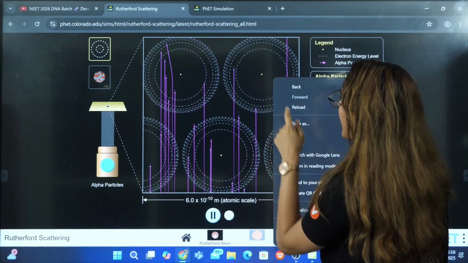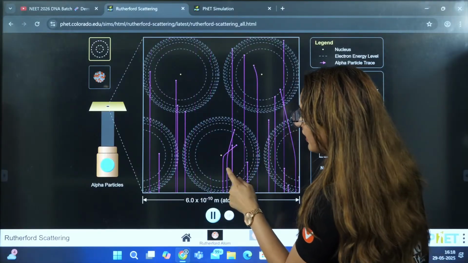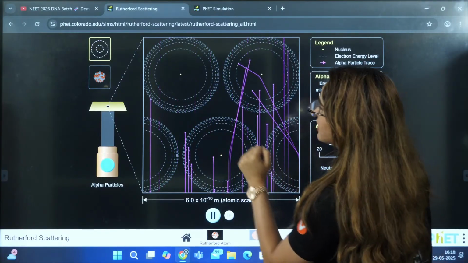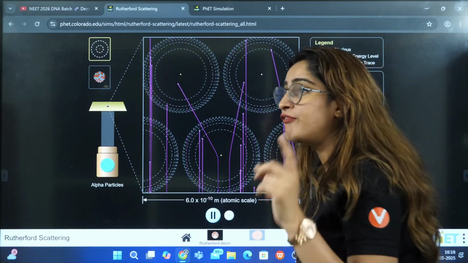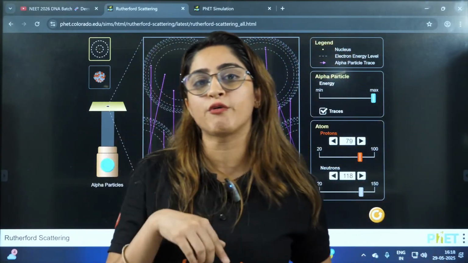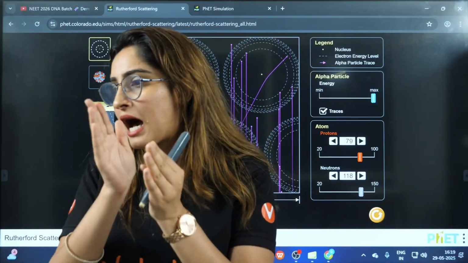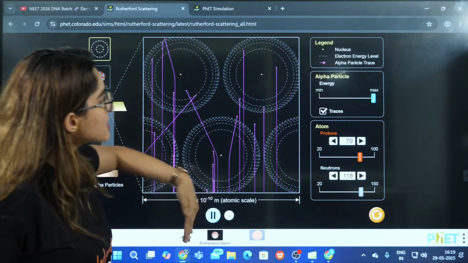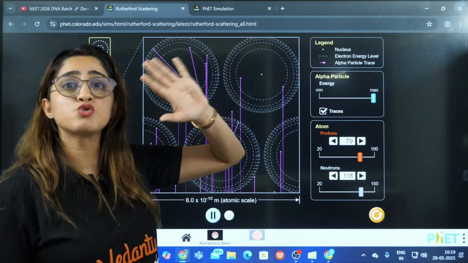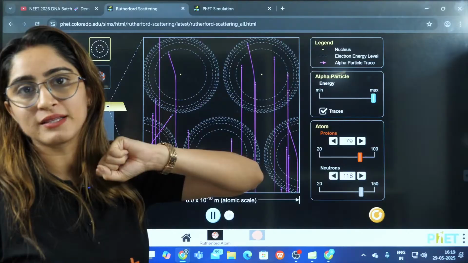Here also, that one is deviating because it is passing very near to the nucleus. This one also passed very near to the nucleus. Only the alpha particles passing very near to the nucleus are being deflected from their path. Other alpha particles are moving straight, with no deflection in their path, right?